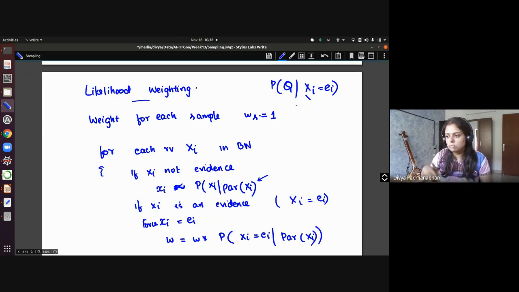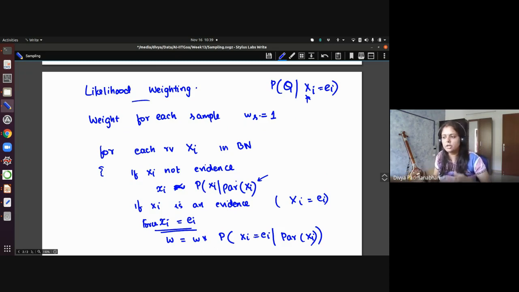So now when you go through this network and you hit xi, you don't do any sampling, don't generate any new sample. You force this value. You just take xi to be equal to ei. You fix this value. But now you've not actually generated a sample. You should have ideally sampled xi given the parents of xi.